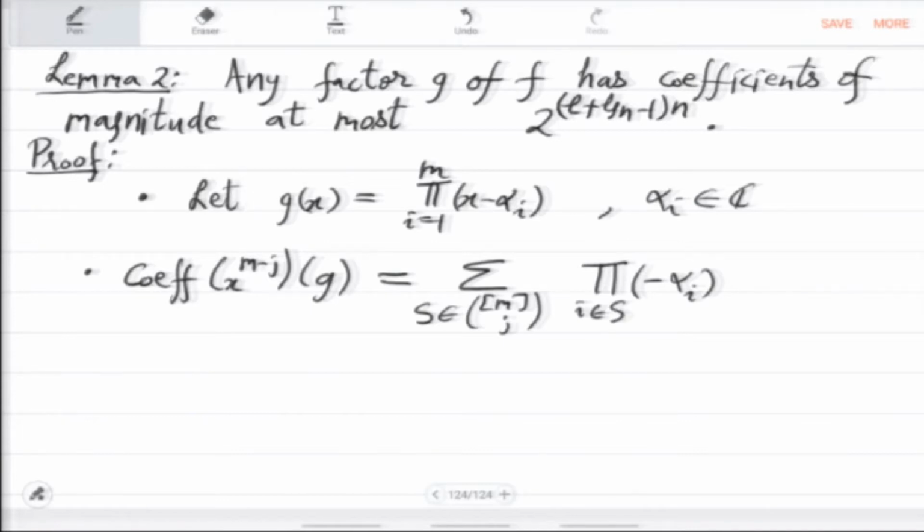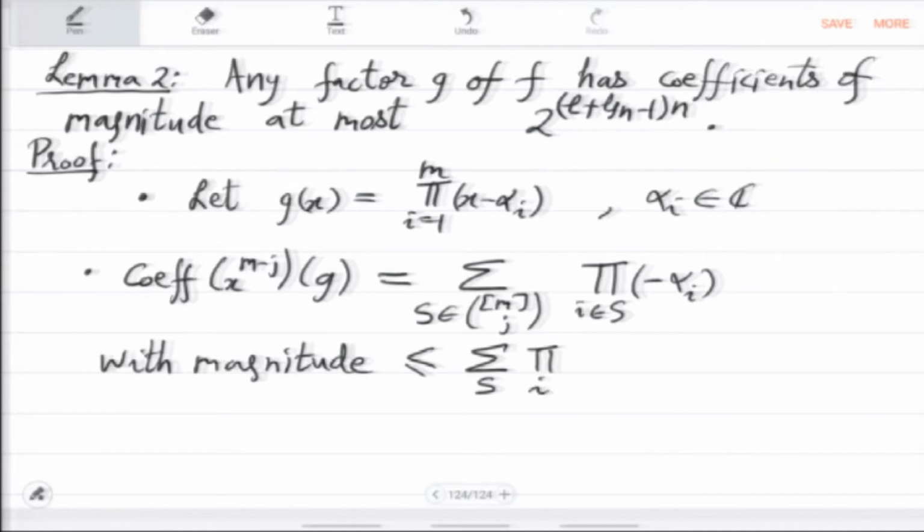Okay, so this is the coefficient of x to the m minus j, and using lemma 1 you can bound this with magnitude less than or equal to the sum over all these subsets, then the product of the norm of alpha_i.